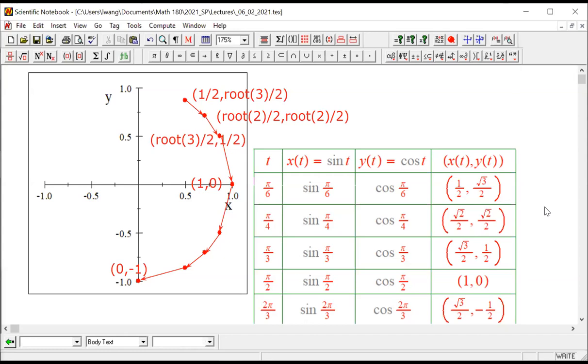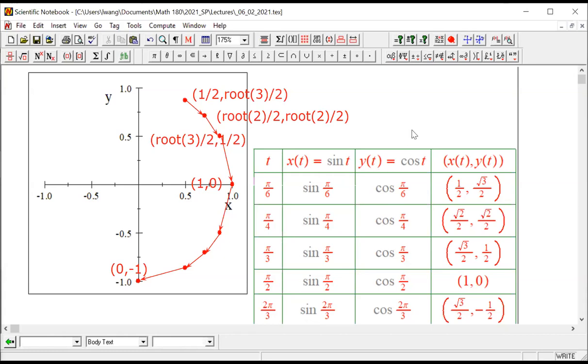One half squared plus √3 over 2 squared equals 1. So we anticipate we're getting a circle, and the circle is formulated clockwise, not counterclockwise. You follow me? So that direction is clockwise.